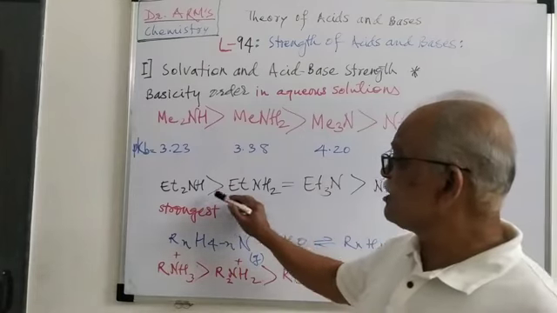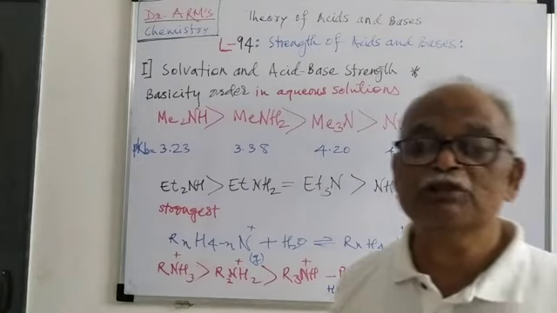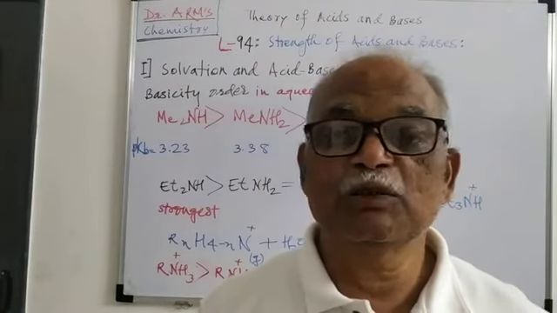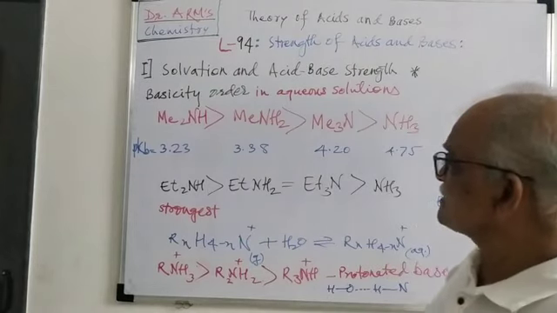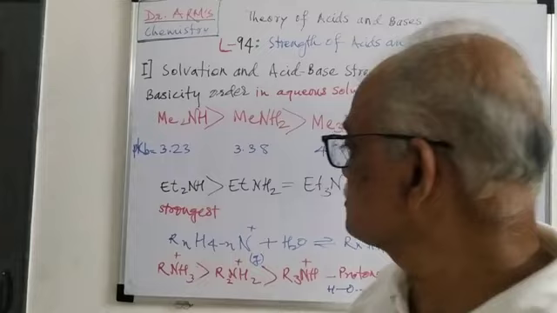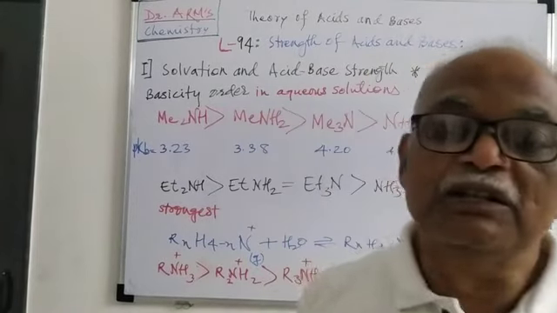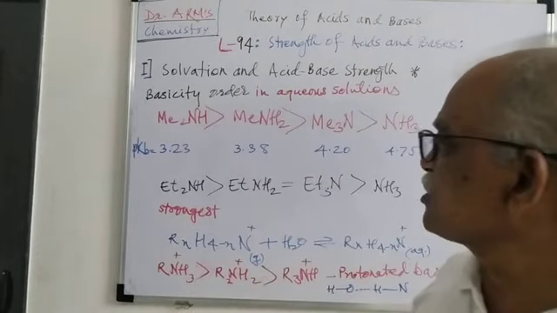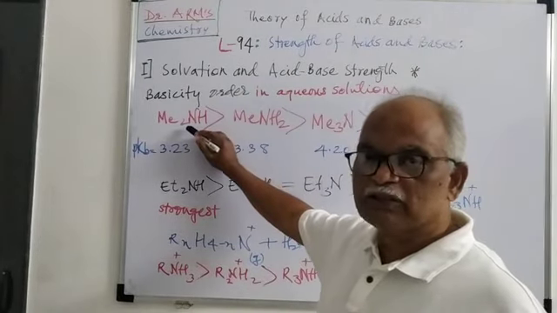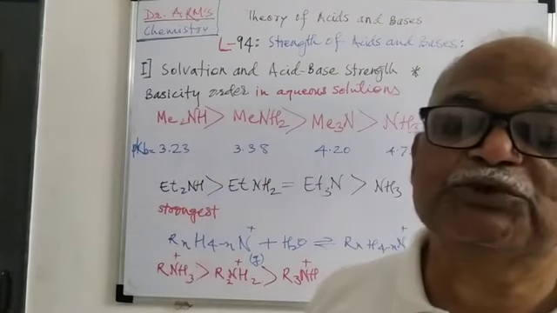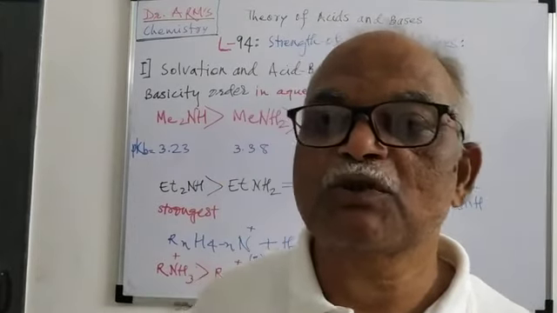Here, if we observe the substitution of the hydrogens of ammonia by alkyl groups, we understand that every methyl or ethyl group attached to this nitrogen is electron donating. It donates electron cloud towards nitrogen, and as a result nitrogen becomes more electron rich.